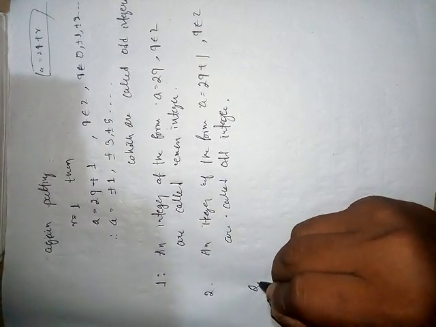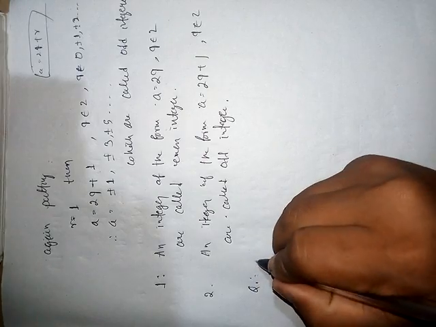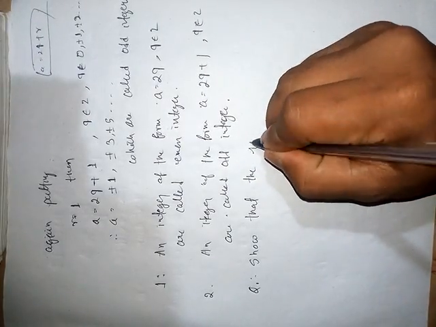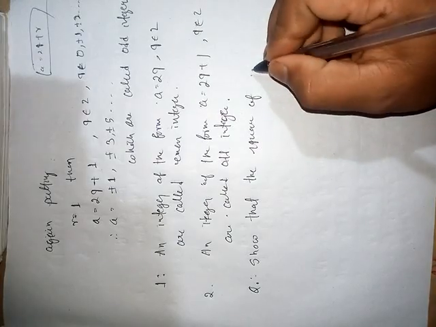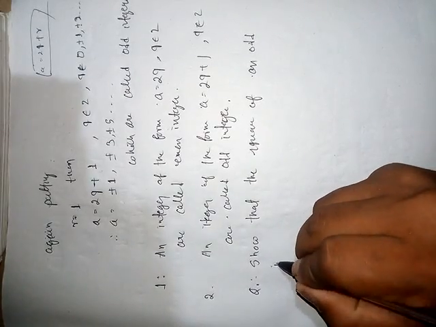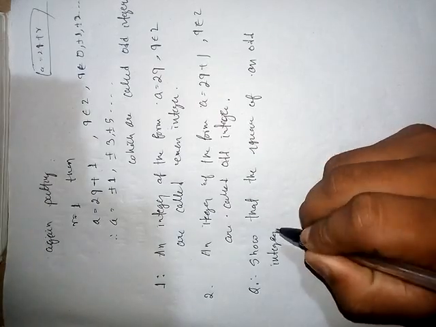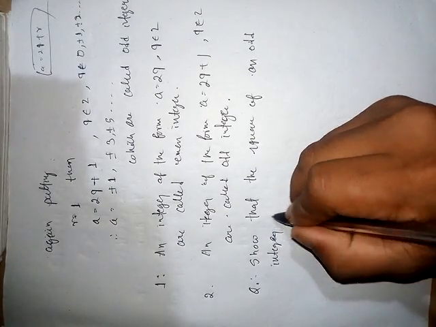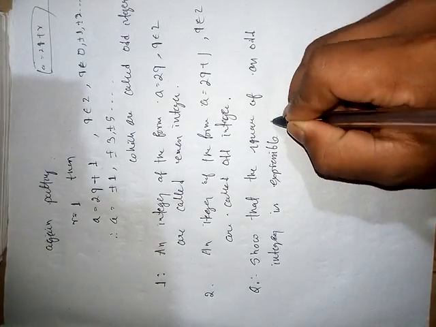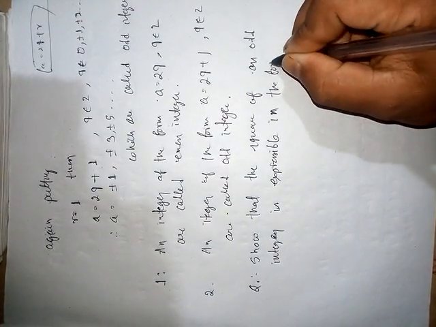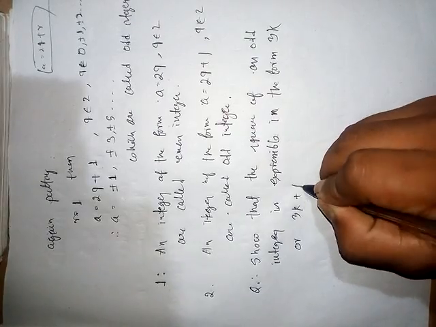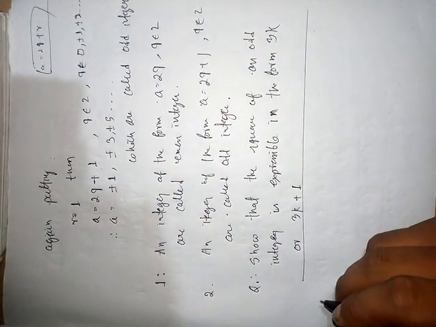The question is to show that the square of an odd integer is expressible in the form 3k or 3k plus 1. Okay, now let's solve it.